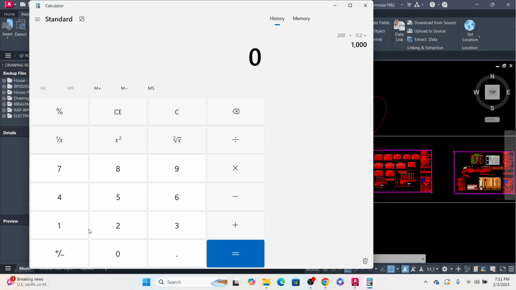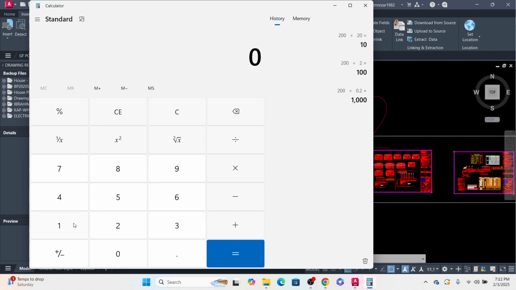Okay. So let's say when you measure you got 2. So you will divide 200 by 2. That means your drawing is in scale 1 to 100. If you got 20, let's divide 200 by 20. So your drawing is 1 to 10.